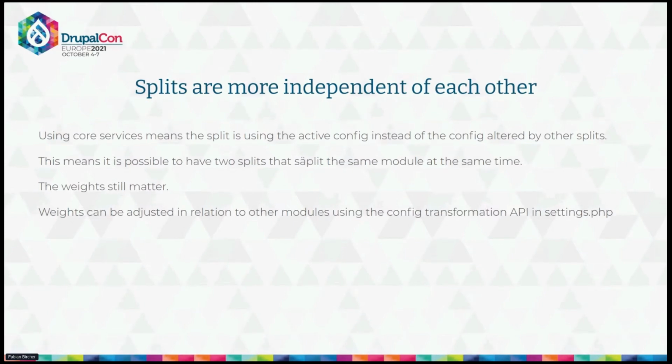Of course, the weights of the splits still matter. So you still have this weight element where you can basically decide the sorting order of the different splits. The sorting order is a bit different also in 1.x because the import and export observe different sorting orders.